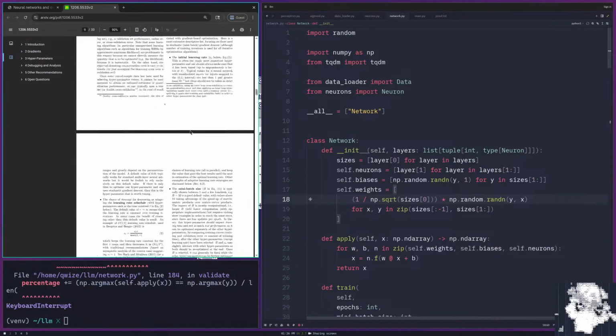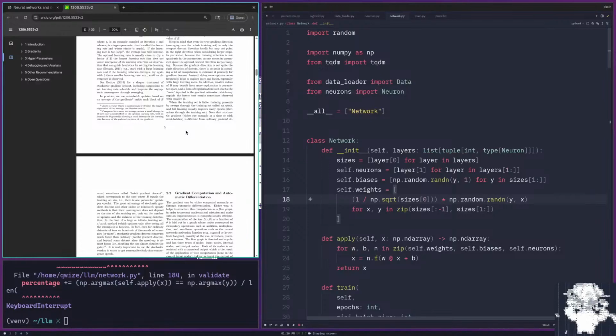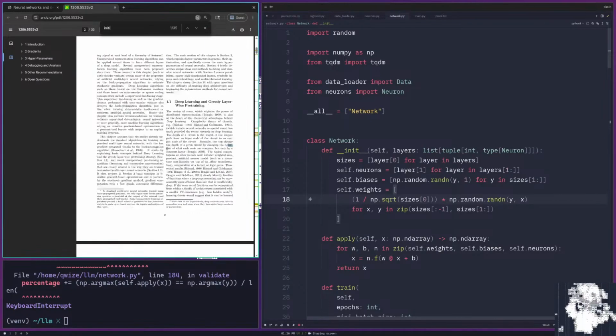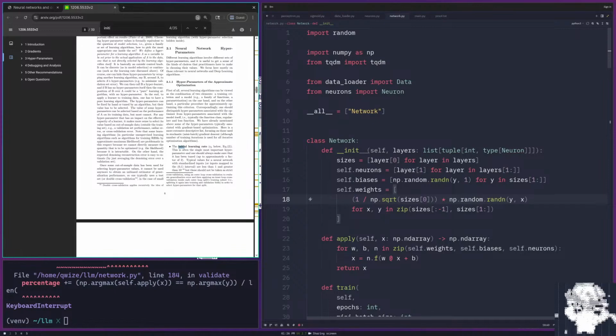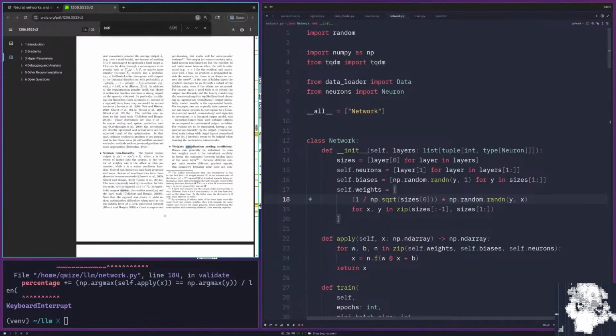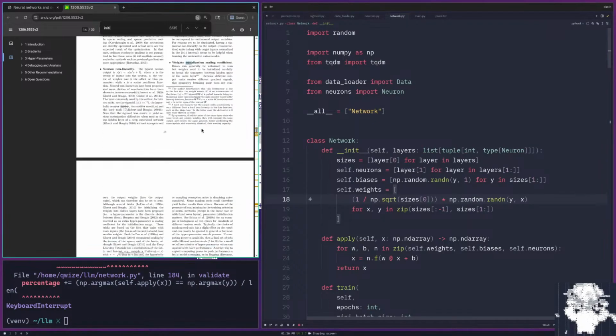Is that not in here? Weight initialization.